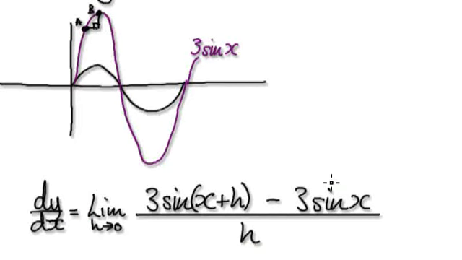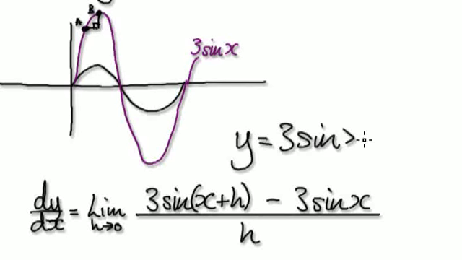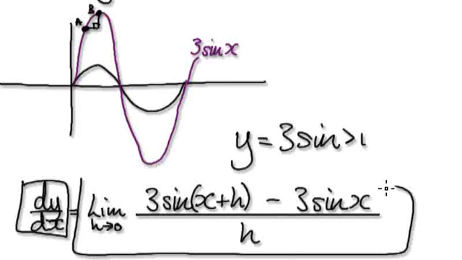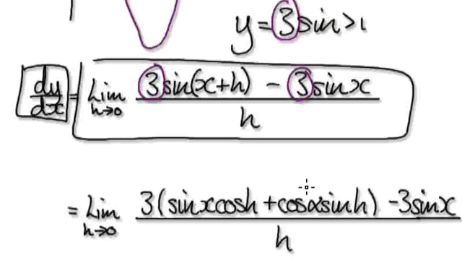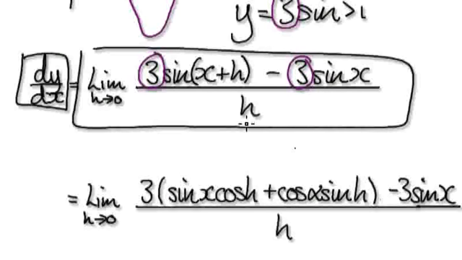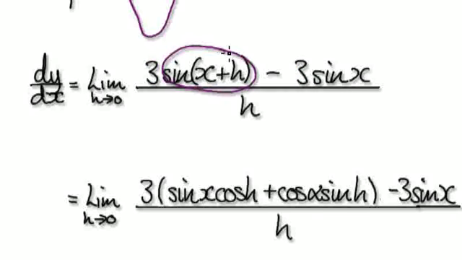So originally we had y equals 3 sine of x. When you differentiate it, dy by dx equals this whole thing here. Keep an eye on the 3. Even when you use the trigonometric identity to simplify this bit here, the 3 remains in place.